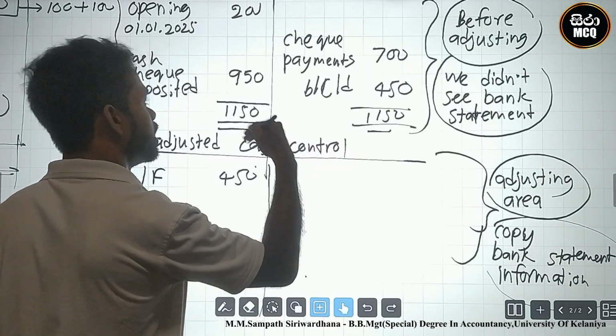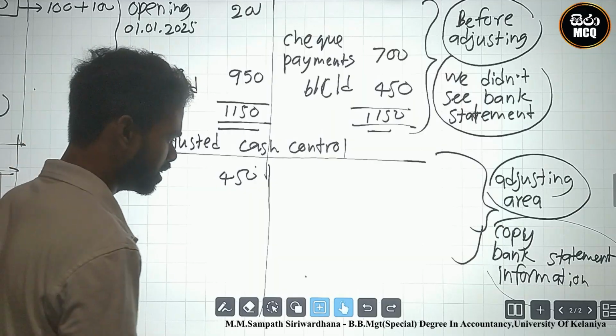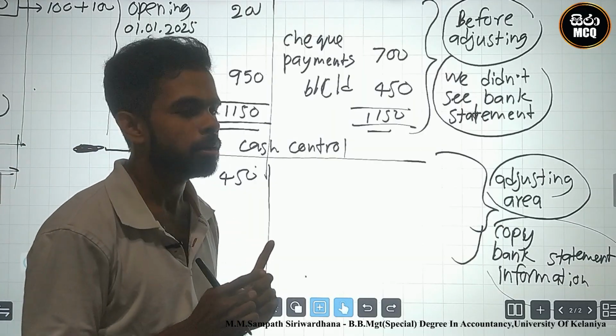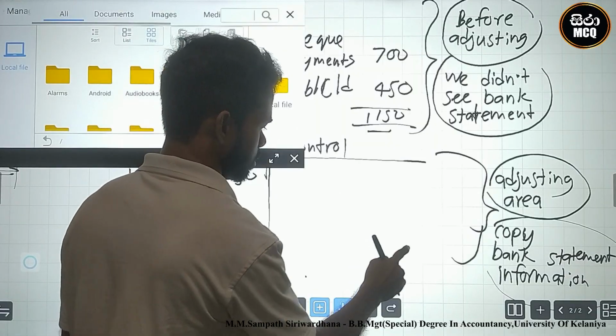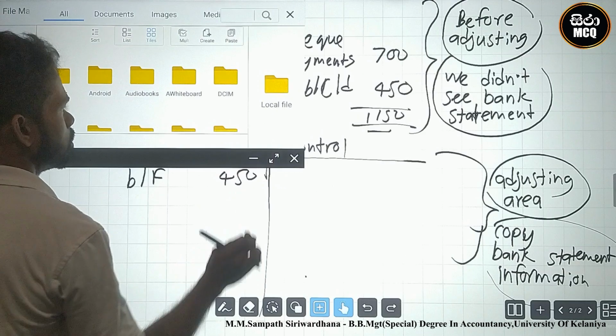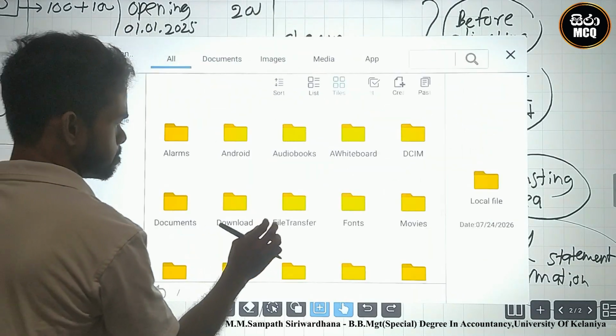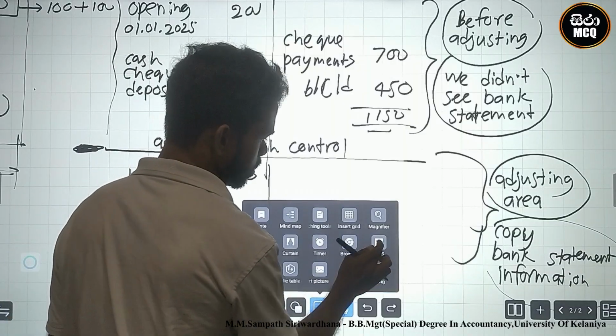This is the non-adjusting cash account. This is the adjusting cash control. Okay, we must include bank information. What are they? Look here.